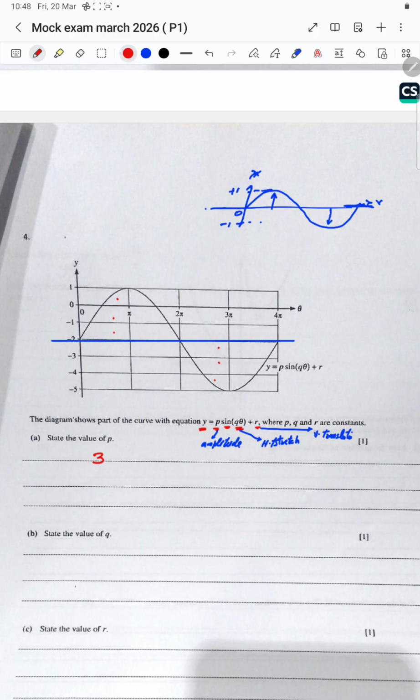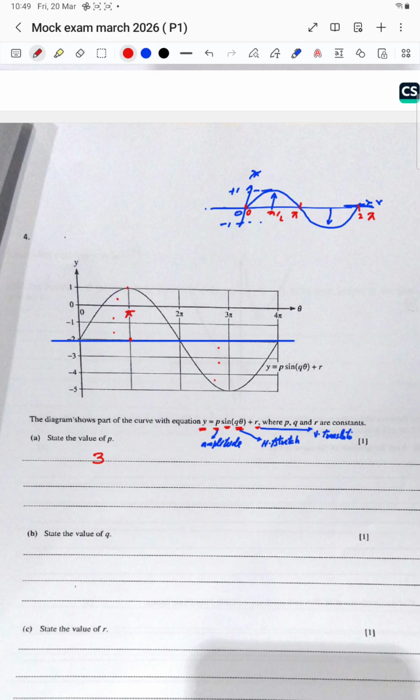Now q, as q represents the horizontal stretch. Originally the maximum is at pi by 2, because sine 90 is 1, but here the maximum goes to be at pi.